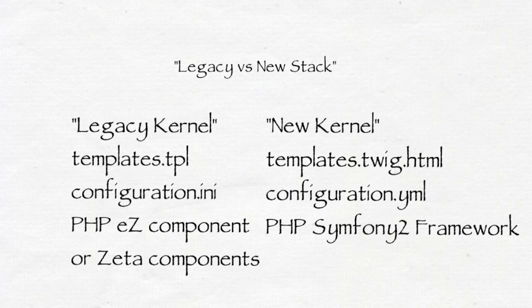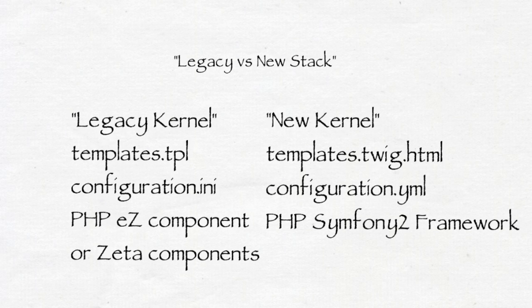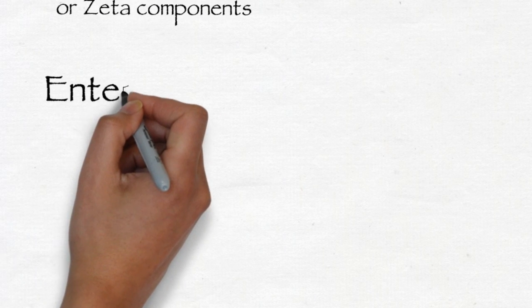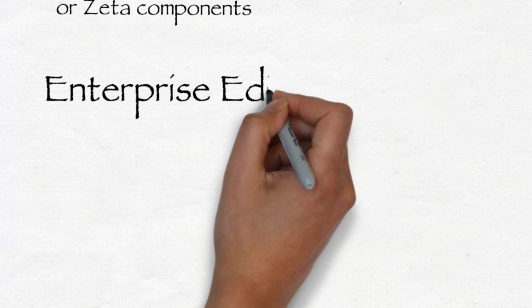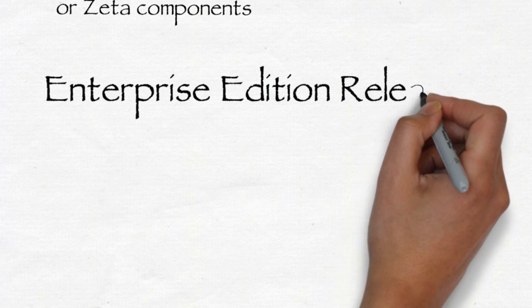These templates have .twig.html as an extension. You're also going to use YAML configuration files, and these have .yml as an extension. And this uses the PHP Symfony 2 framework for support. Now that we have distinguished the differences here, we can make a better decision about what version to use.